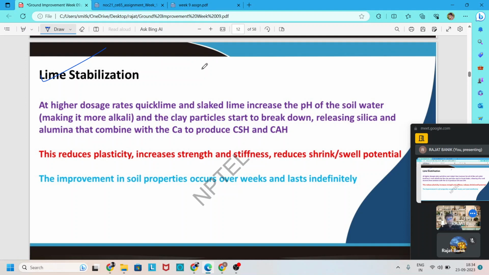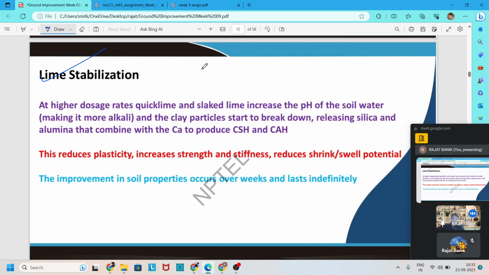Due to the increased soil pH, the concentration of hydroxide ions is increased, and these ions attract the positive ions, neutralizing the negative electrical charge of the clay particle. Then the electrical bond between the clay particles breaks down, and it releases the silica and alumina.